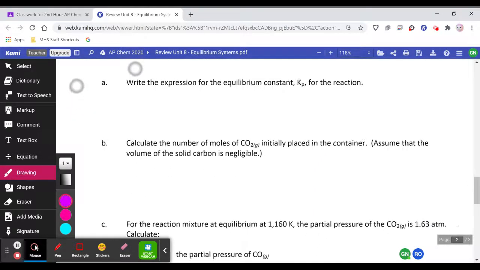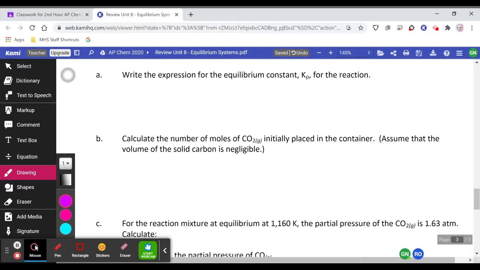Okay, and so the first thing they want us to do is just write out the expression for equilibrium constant K sub P for the reaction. And so we know we're going to ignore that solid. So we'll have K sub P equal to pressure of CO2. We had a coefficient of 2 out in front, so we're going to square that.